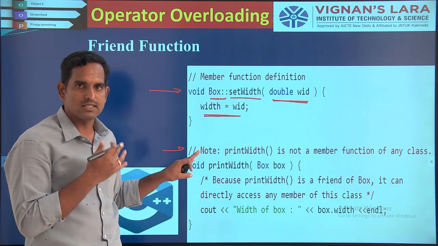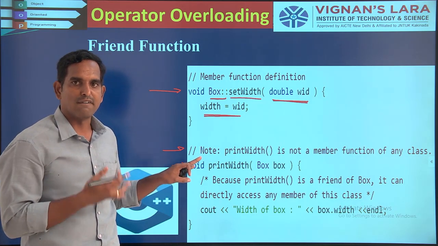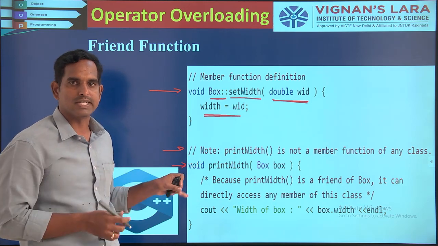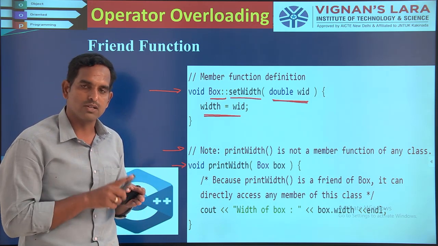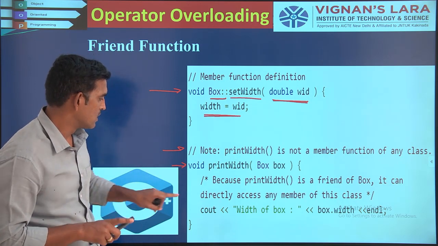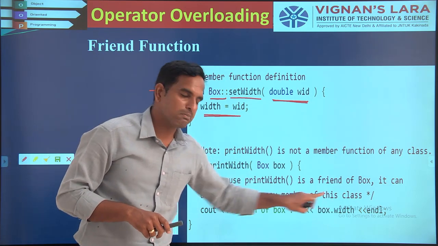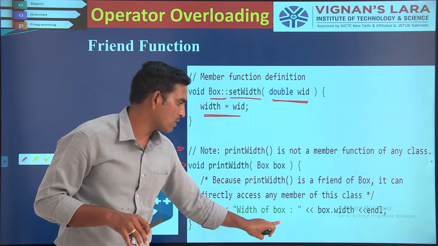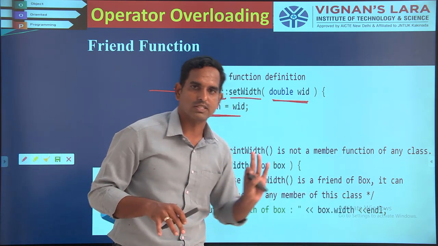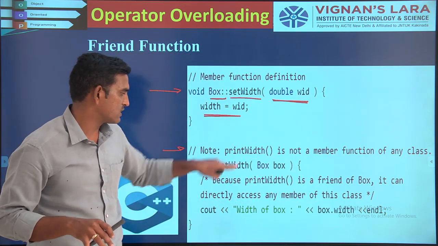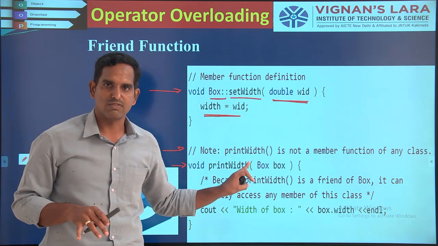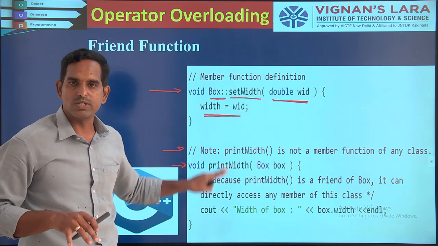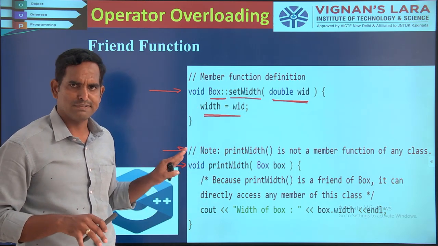It can access private members, protected members, and also public members. So it can directly access any member of your class. So the width of your box is box.width. The printWidth function just prints the width of your particular box. This is how you can define your friend function.